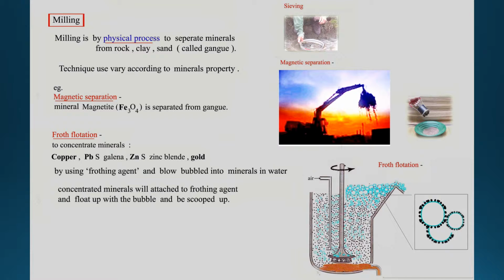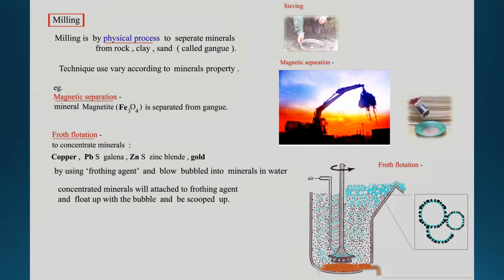Most minerals will be very much like copper, less than 0.0 something percent. Very, very few. And in case it only has 0.0 something percent, how are you going to extract that tiny bit out from the rock? That is what we call froth flotation.